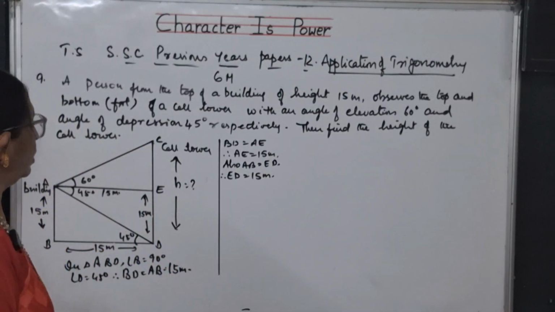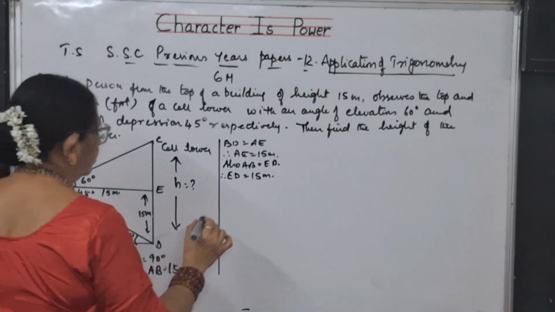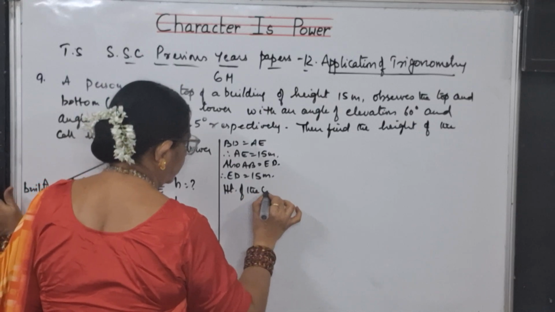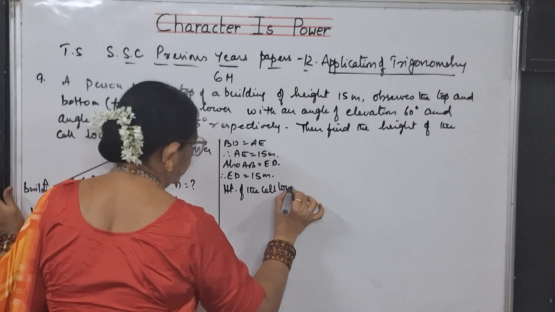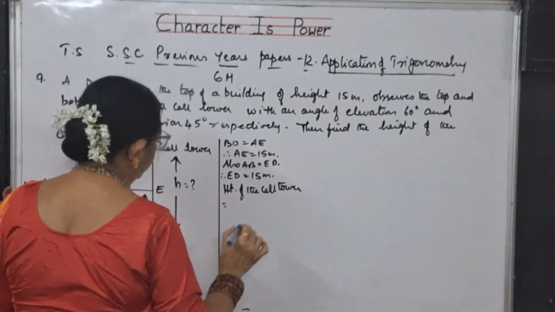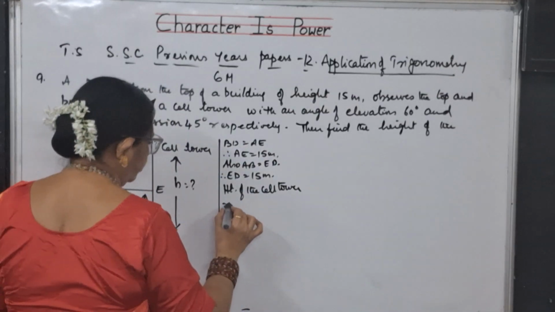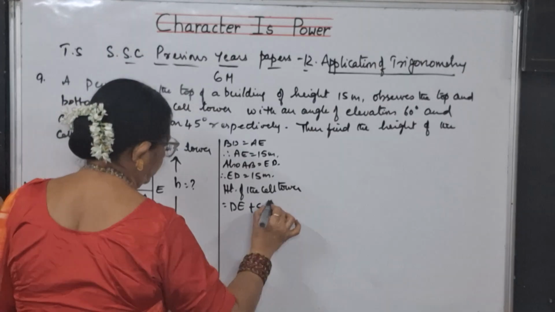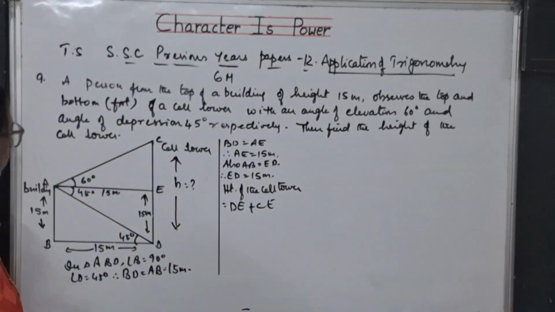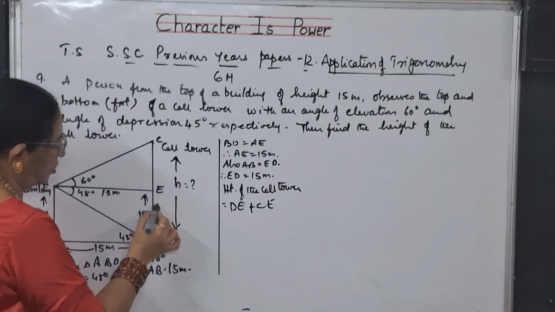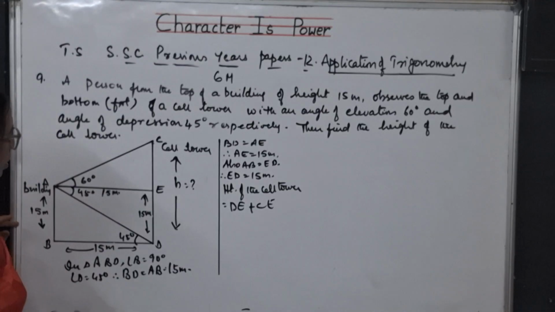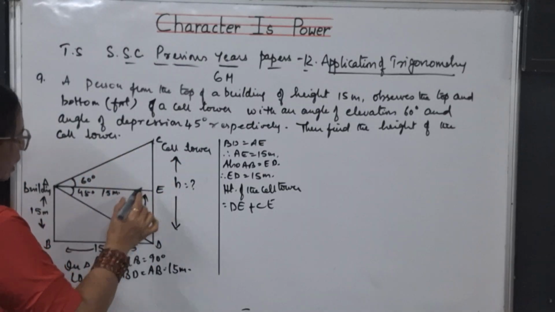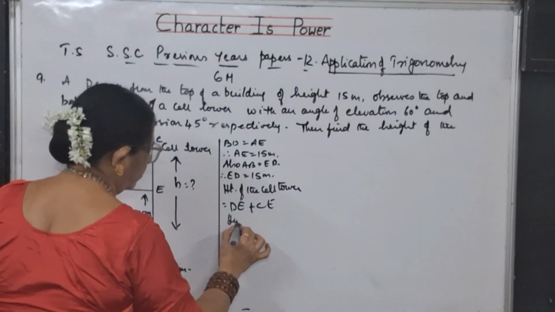Now what do you want? Height of the cell tower. What is the height of the cell tower? It is nothing but DE plus CE. So already we have got DE, ED or DE is the same 15. Now you want CE. So now what you have to do? Take this triangle ACE.